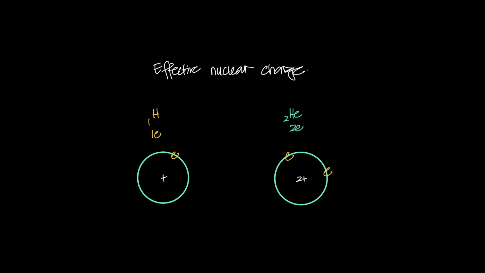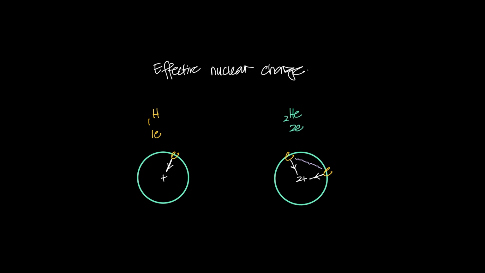Basically the force of attraction that the electron on hydrogen feels is from a 1 plus. The force of attraction each electron feels from the helium nucleus is 2 plus. The electrons are going to repel each other, but electrons in the same subshell hardly repel each other.